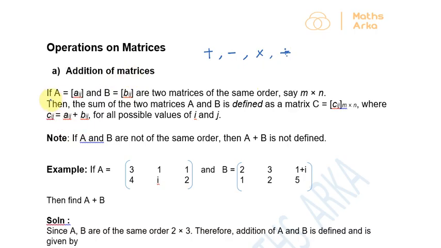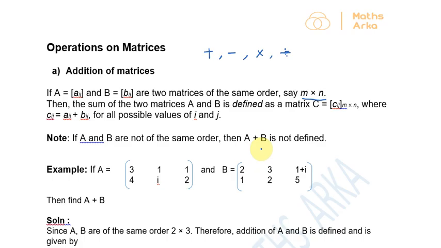If A and B are two matrices of the same order, say m cross n, because this is one of the criteria that the two matrices should be of the same order if we need to add them.